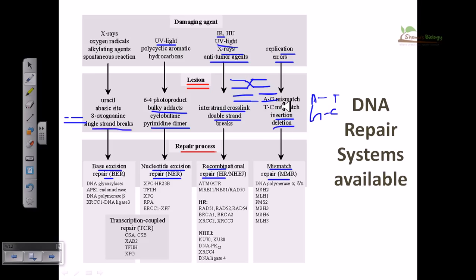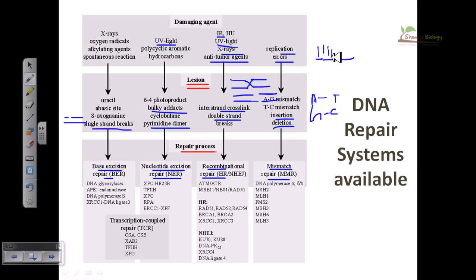Now, during replication errors, I must tell you one thing. Many of the errors made during replication are automatically fixed by the polymerase, using its exonuclease activity. For example, the polymerase starts adding nucleotides onto the template strand to make the new strand.